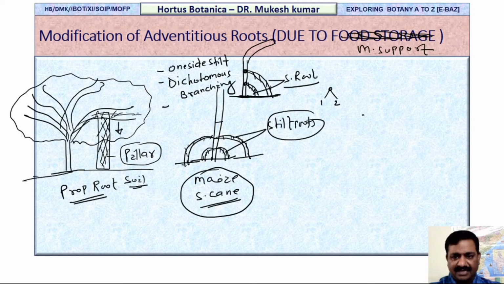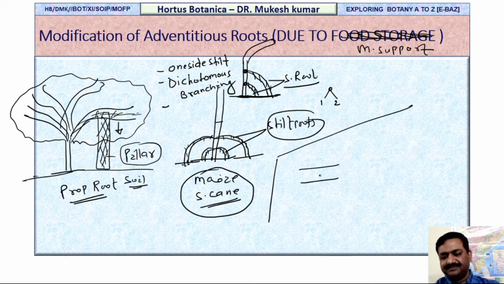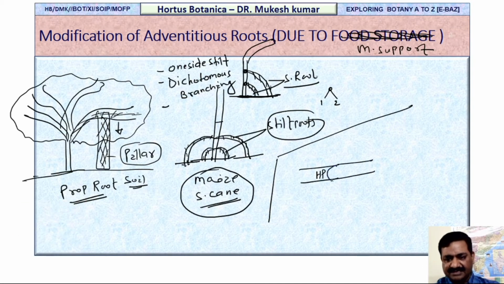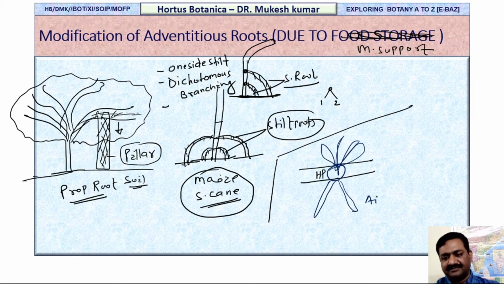Okay, see, I'm explaining. What happened here? We have this plant, say it is the host plant, and on this host plant another plant is coming like this. These are their roots, and they are the other parts, and this root is hanging in air.